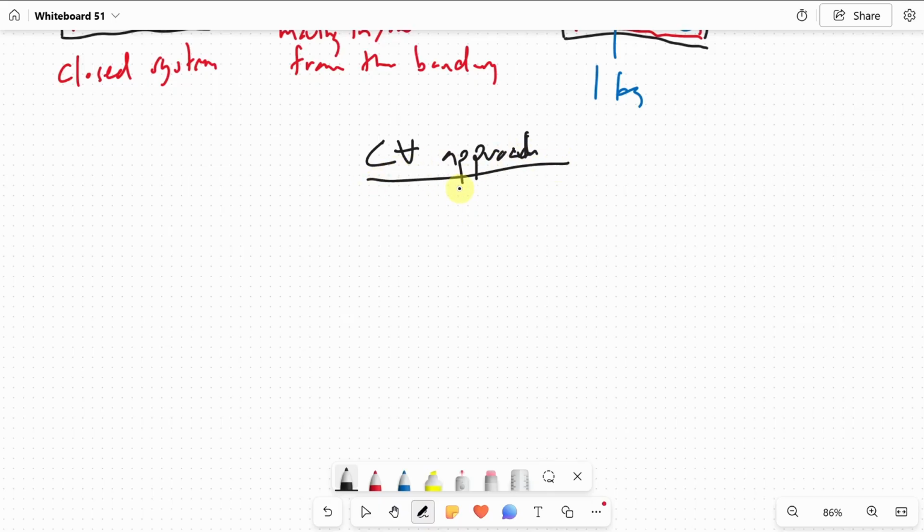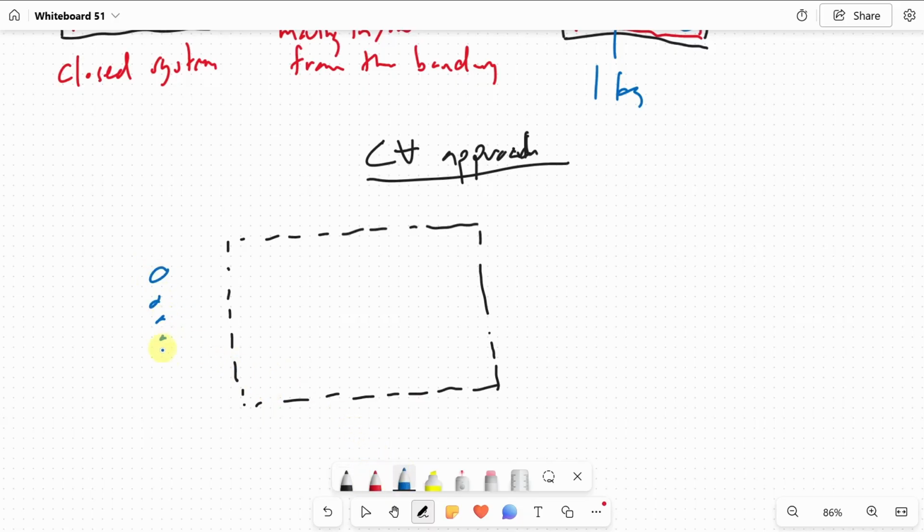In the control volume approach, we will set one region, and this region is fixed. But what will happen is particles such as air particles will flow in and out of the fixed region. So this boundary here, this dotted line, is what we call our control volume. It is a volume, so it should be three-dimensional. If it's 2D, we still call it control volume.